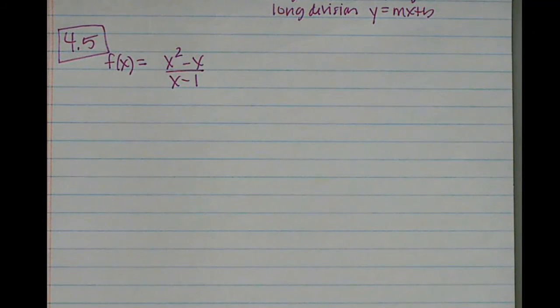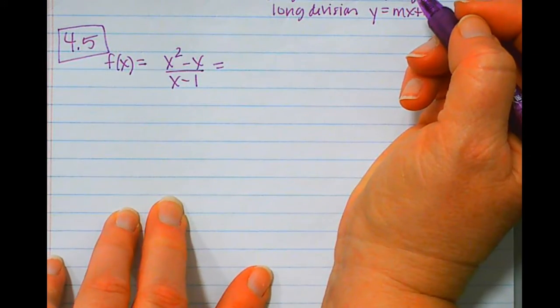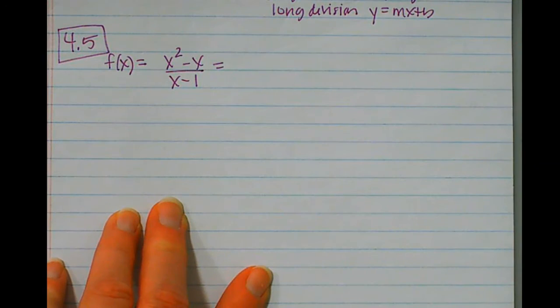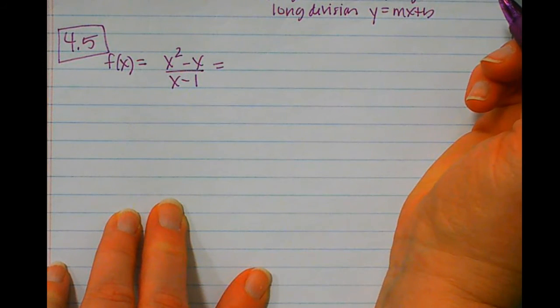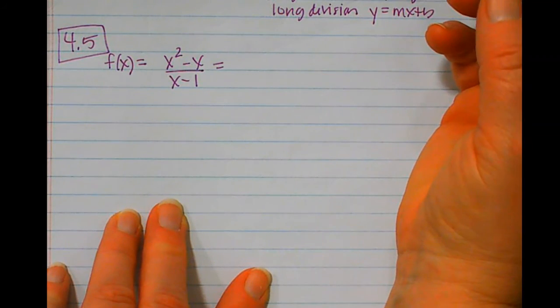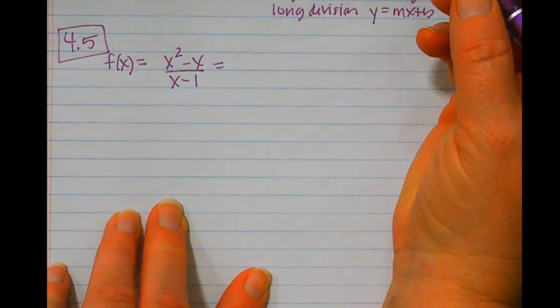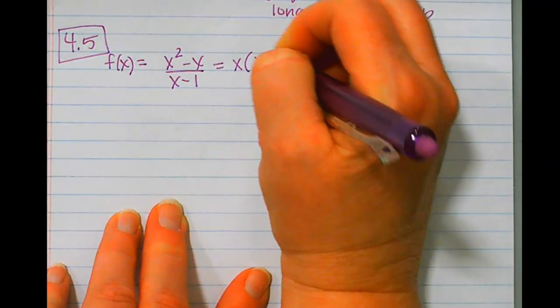Does this have any vertical asymptotes? We don't know yet. We need to factor it first. How do you factor the top? No, it doesn't have a 1 here. They both have an x in there, so let's take it out. So greatest common factor? Okay, x. And then x minus 1.